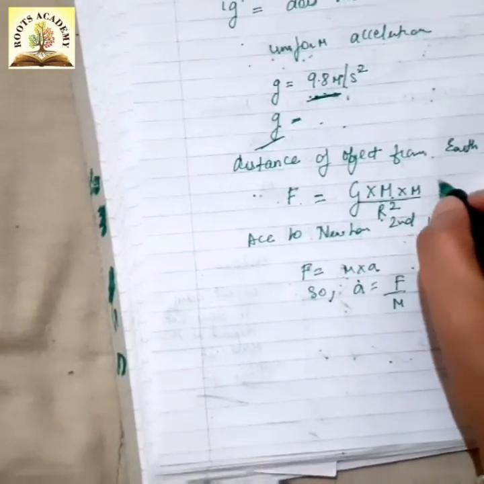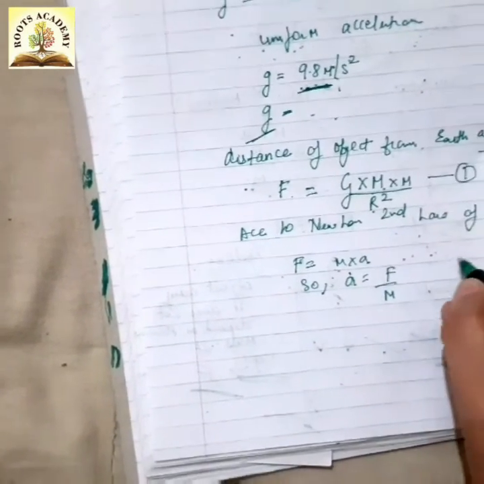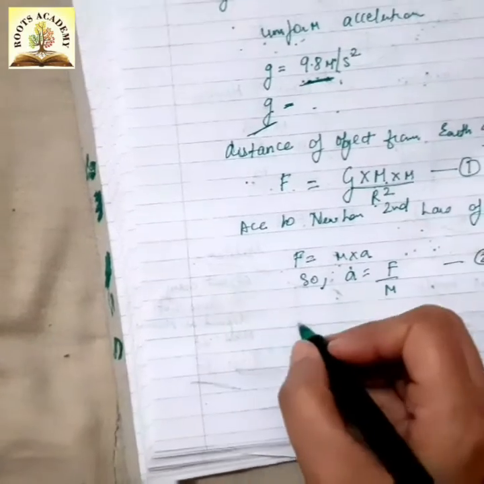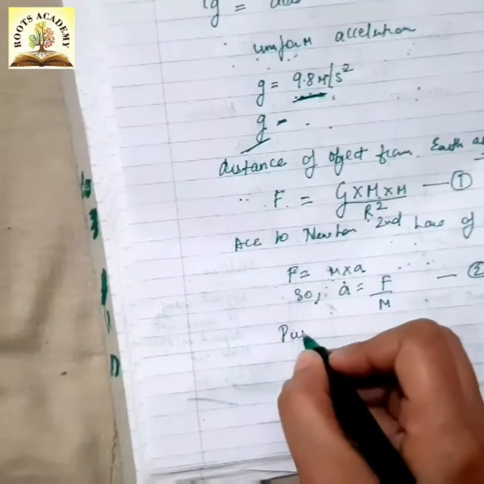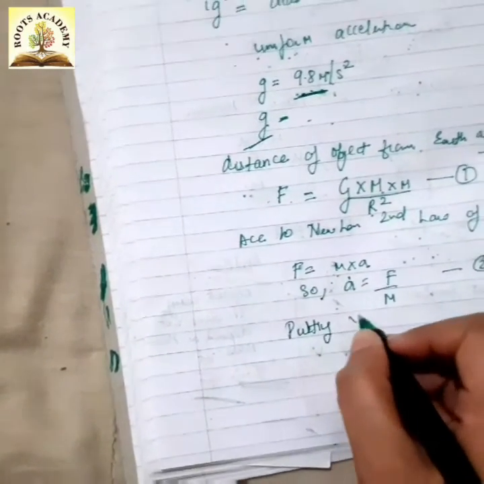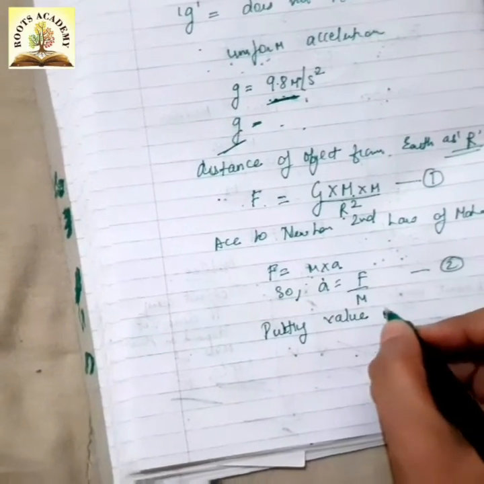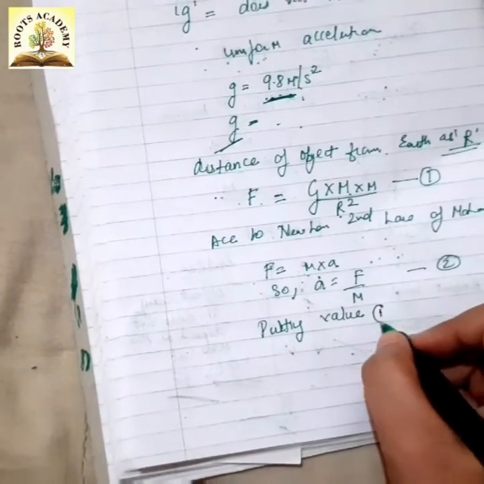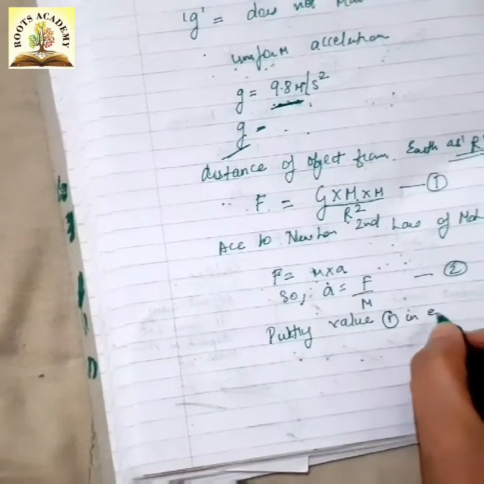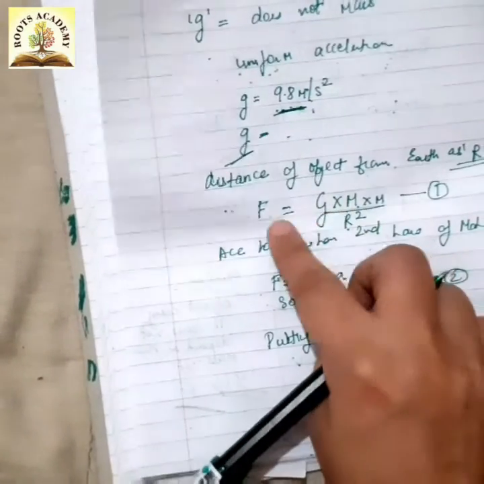This is equation 1 and this is equation 2. So we are putting the value of F from equation 1 into equation 2.